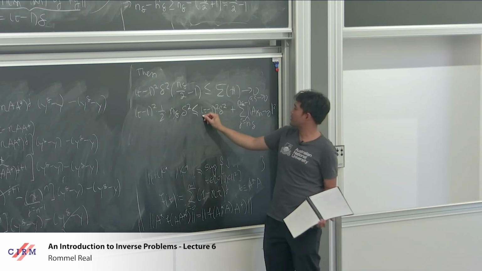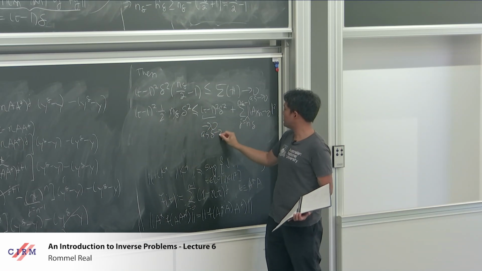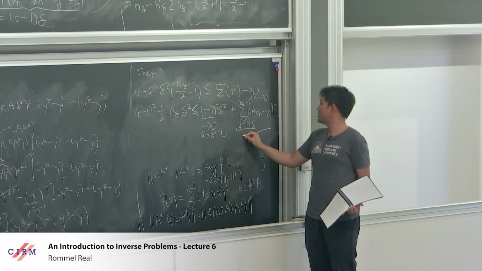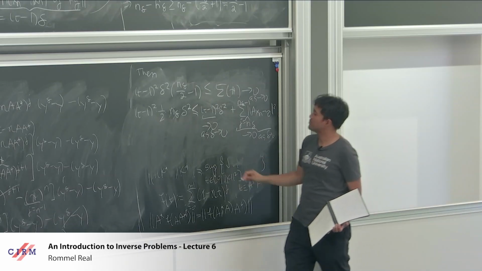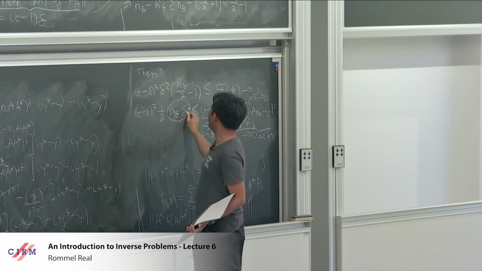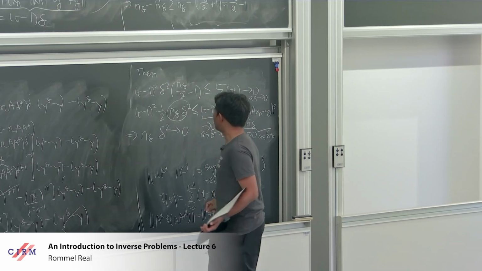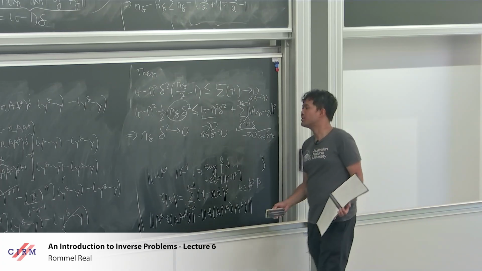Now, of course, this goes to 0 as delta goes to 0. And from lemma 3.17, this goes to 0 as delta goes to 0. So that means this one here, in fact, we can ignore the constants, this one. N sub delta times delta square goes to 0.